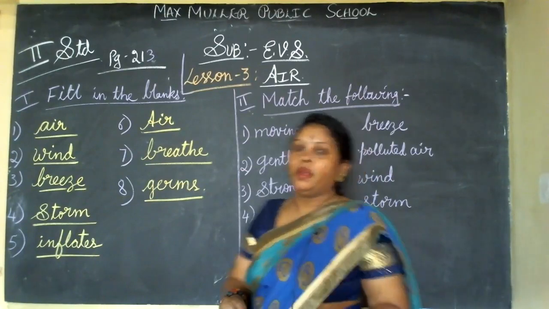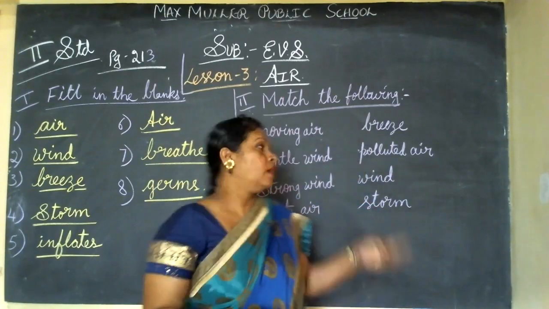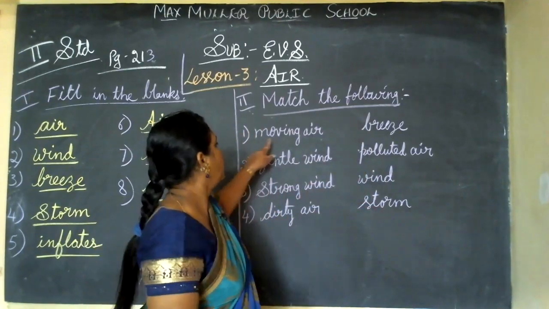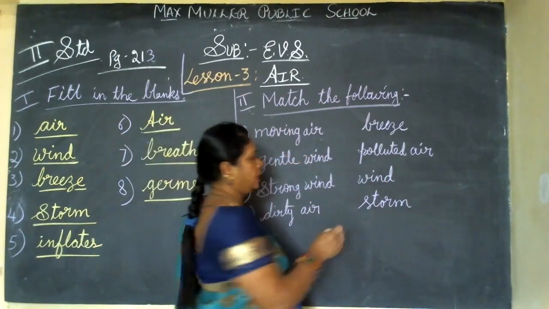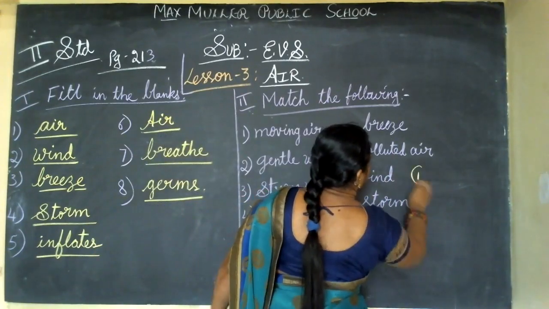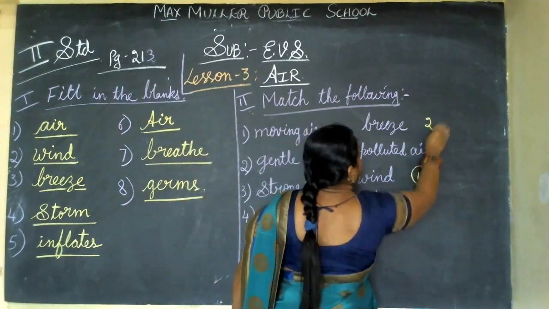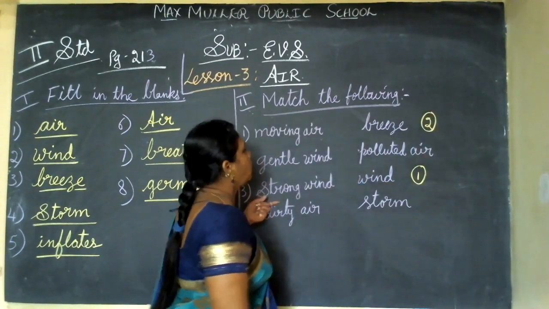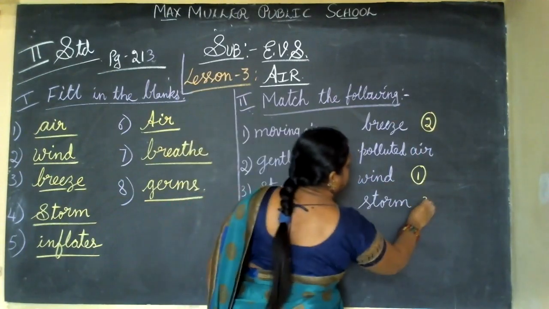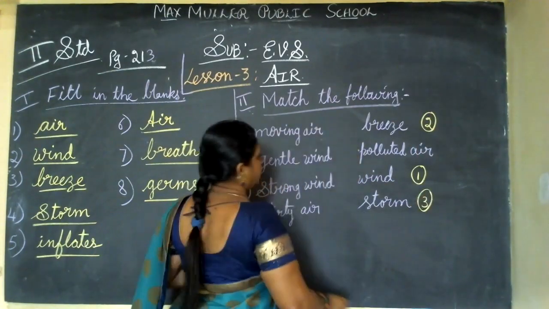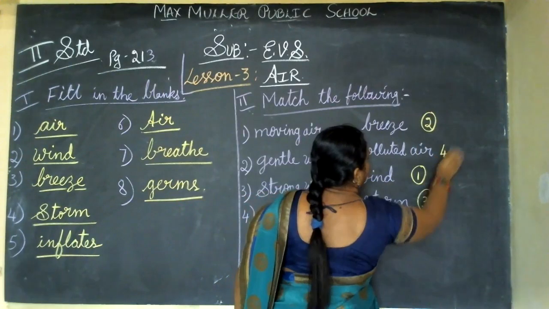Okay, children, now let us mark the answers. Moving air is called wind. Gentle wind is called the breeze. Strong wind is called the storm. And dirty air is polluted air.